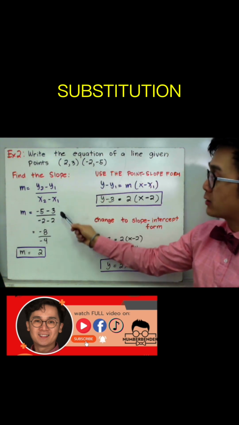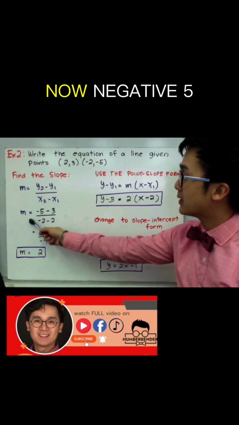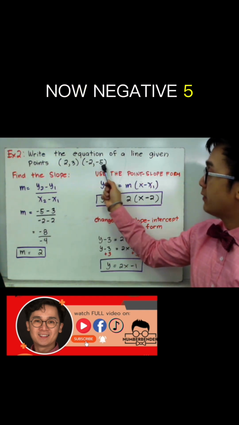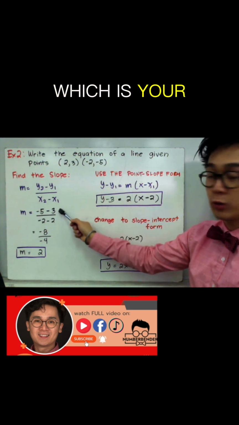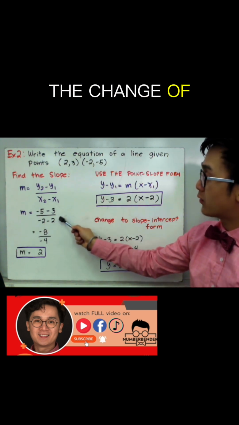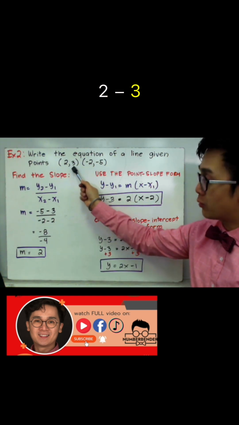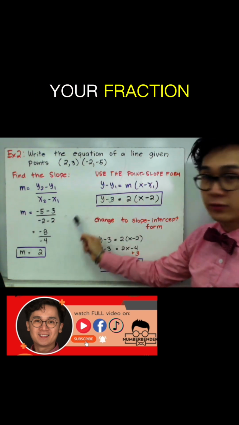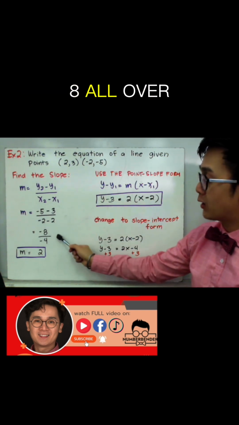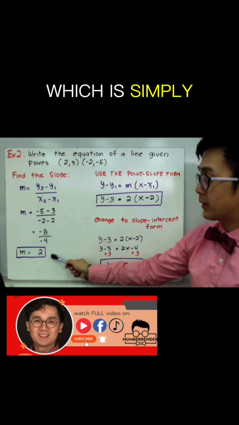By direct substitution, our m is now -5 minus 3, which is your change in y, all over the change in x, which is -2 minus 3. By simplifying your fraction, you'll have -8 all over -4, which is simply equal to 2.